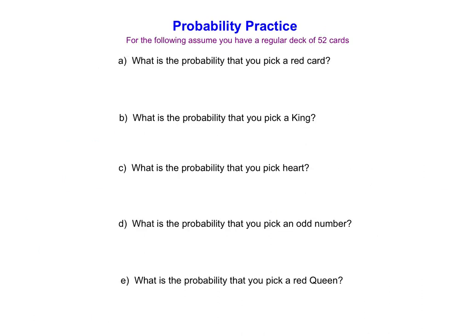So let's practice a number of these. The first one here says, what is the probability, so I'm going to use the letter P, that you pick a red card? Now remember, probability is calculated by taking the number of favorable outcomes over the total. So for the number of favorable outcomes, we know that there are 26 red cards in a deck.